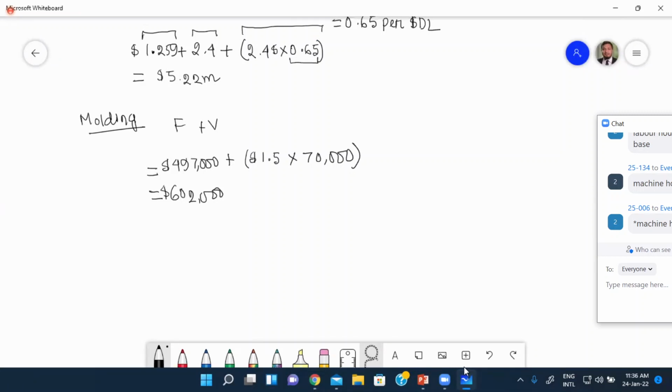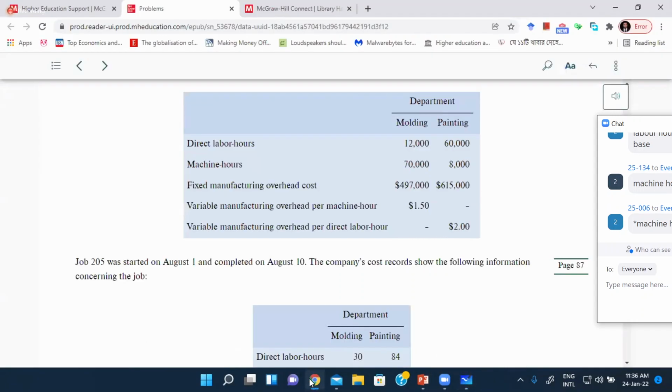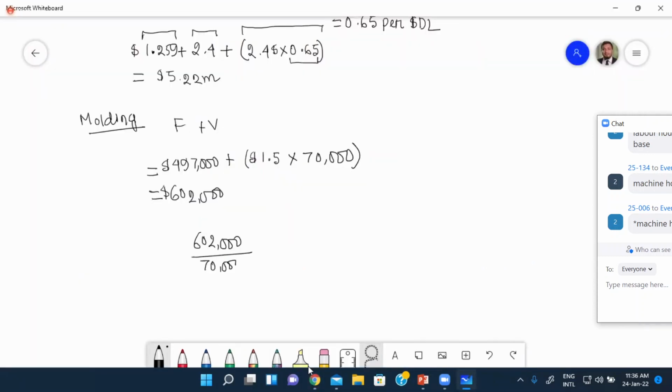So we can get the overhead rate for the molding by dividing this number by the hours used in the molding department, that is the 70,000. So per machine hour, the molding department incurs 8.6 overhead cost. Okay, machine hour based.